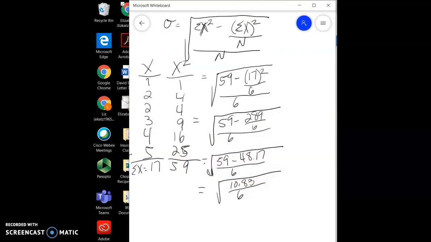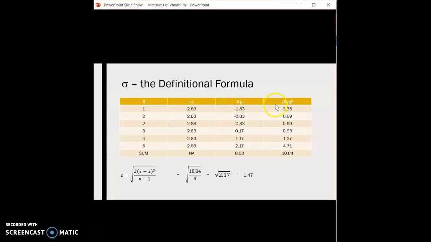Okay, and so 10.83 divided by 6 is going to be equal to the square root of 1.805. And again, if I were to quickly pop back to our slides, and we need to go back to our population, we see we have 1.81.